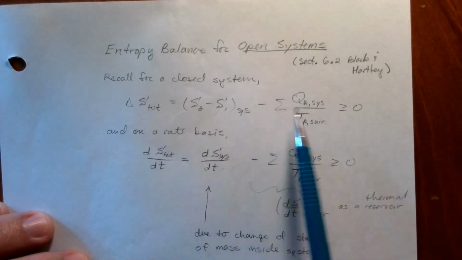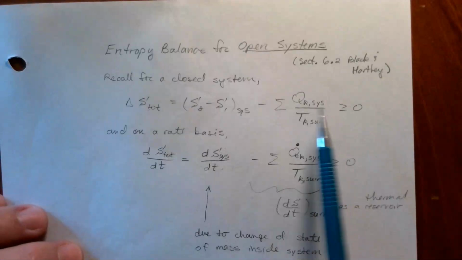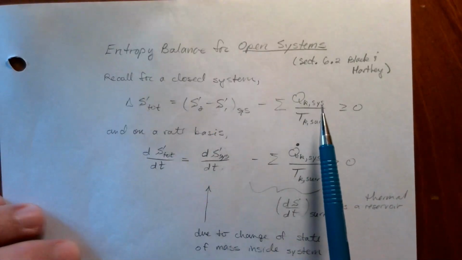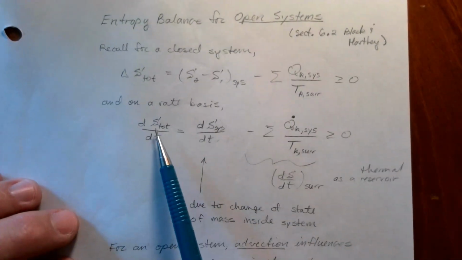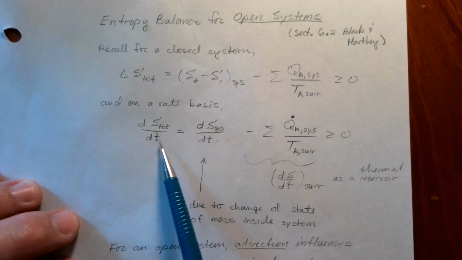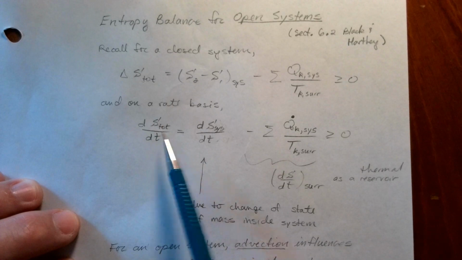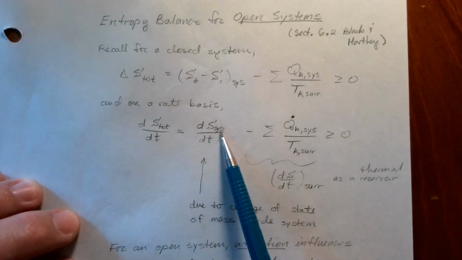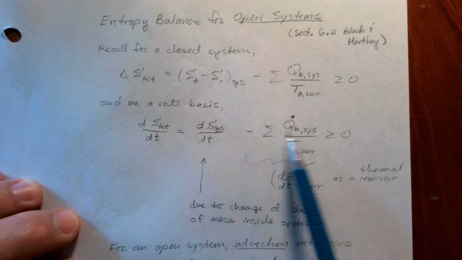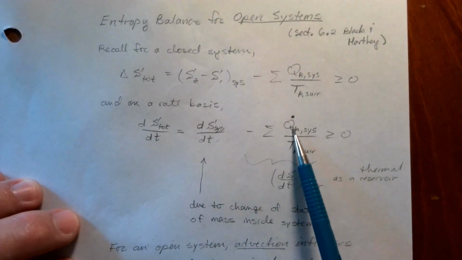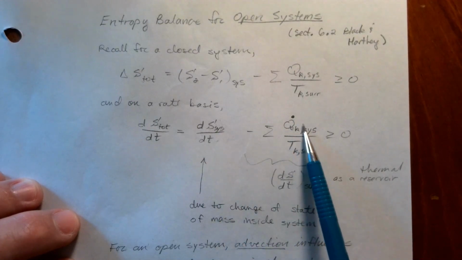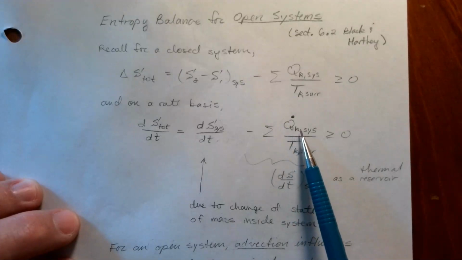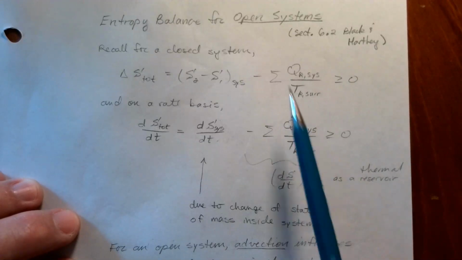Let's change this and apply it on a rate basis. So just divide by dt on an instantaneous rate basis. dS total dt, so this is the production, so this would be sigma dot isolated here, is equal to the rate of change of the system entropy minus, now this Q has a dot on it, so this is a heat transfer rate rather than the total heat transfer that has occurred during a process as this one.